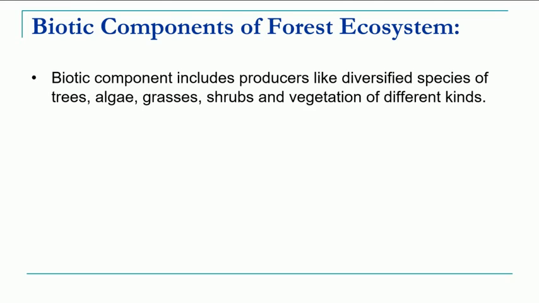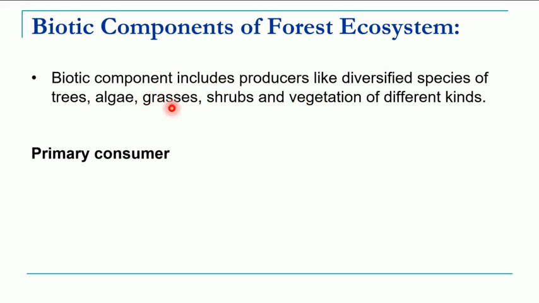And the biotic components include all the producers like trees, algae, grasses, shrubs and other kind of vegetation which are producing their food, which are also called autotrophs. So they can make their own food.